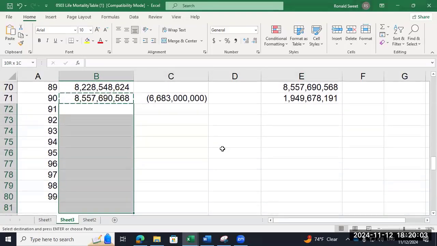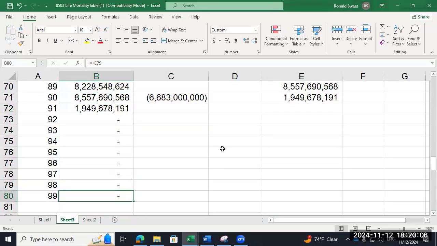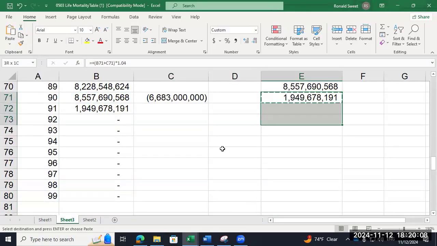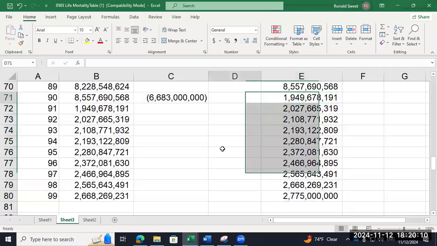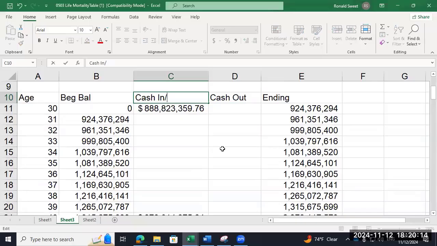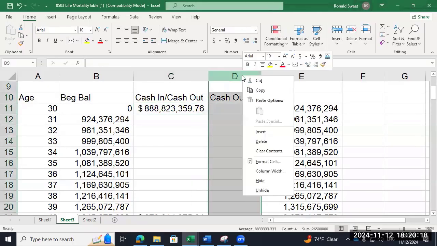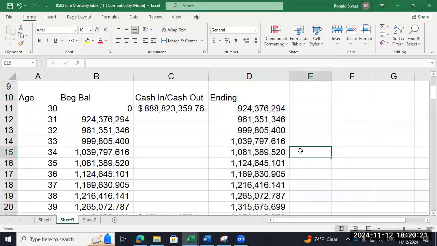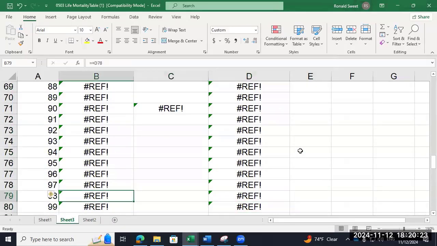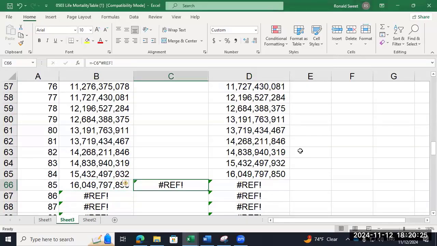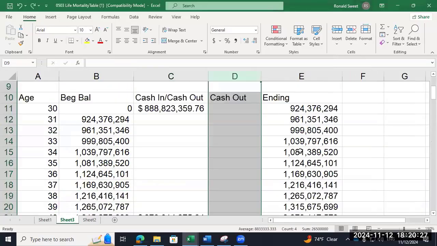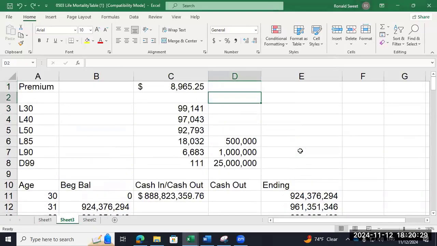And then at age 99, I don't know what I did in this column. This column is both cash in, cash out. It's both, so I don't need this column. Oh, all right.